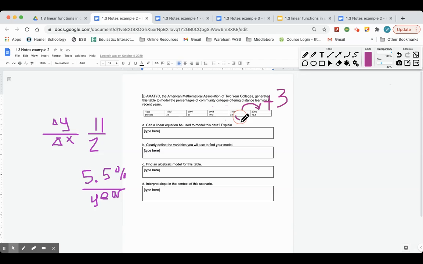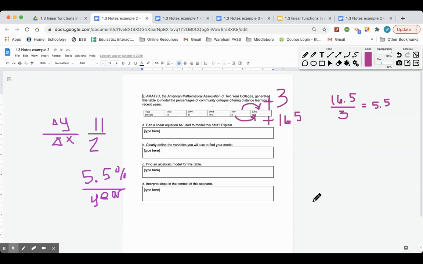And 71.5 minus 55 is 16.5. Now that we have our differences, we divide them: change in y, which is my percent difference, over the change in years, which is my x. And 16.5 divided by 3 equals 5.5. So yep, there is a constant rate of change.